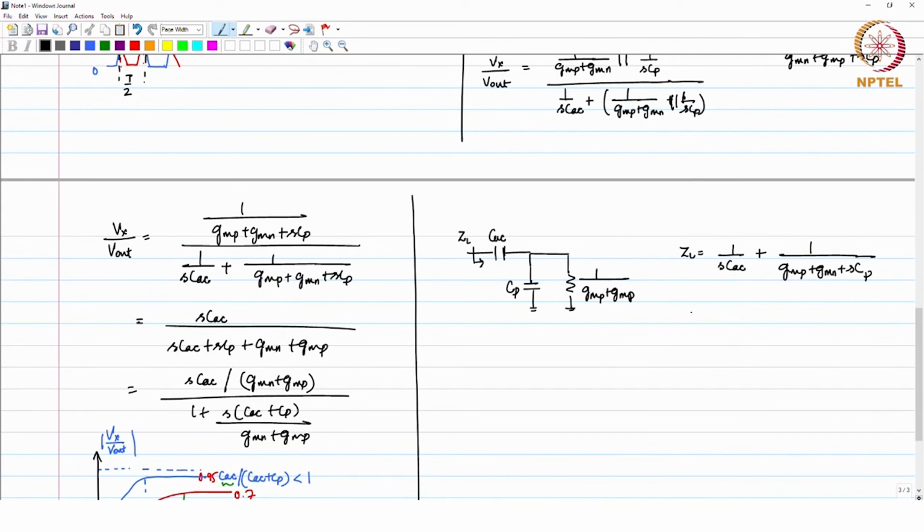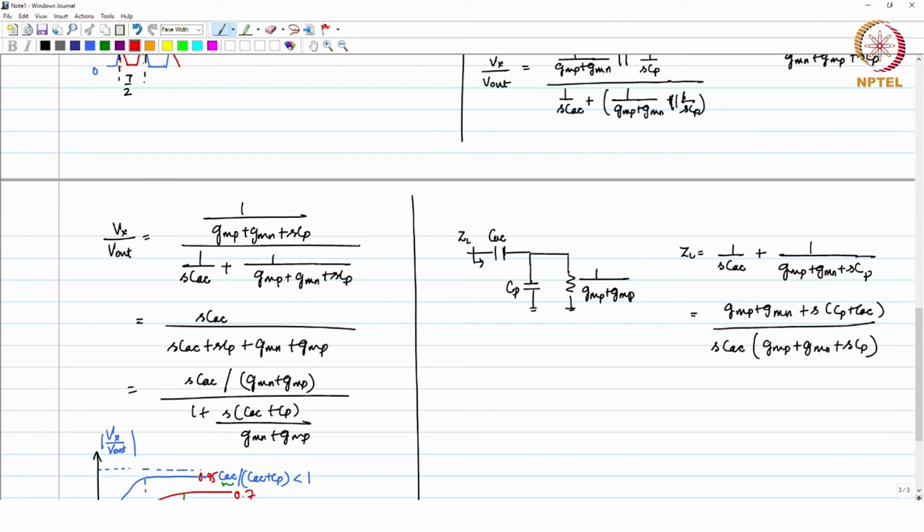So, you have an impedance here which is going to be, let us just look at it, GMP plus GMN plus SCP plus CAC, divided by SCAC into GMP plus GMN plus SCP. Okay. So, you get an impedance loading on the oscillator.